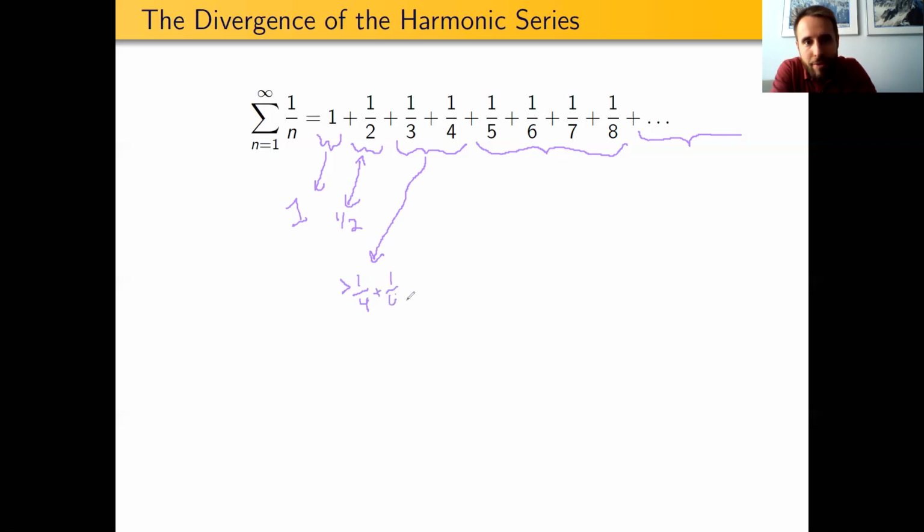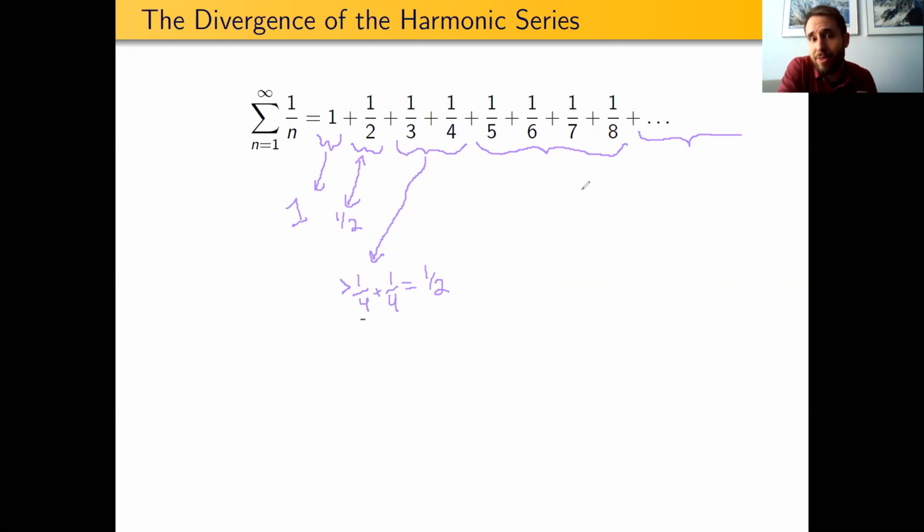The idea there being that the number 1/3 is bigger than the number 1/4, right? And so because 1/3 is bigger than 1/4, a third plus a fourth is bigger than a fourth plus a fourth, and that is by itself just equal to 1/2. So these two terms added together are bigger than 1/2.